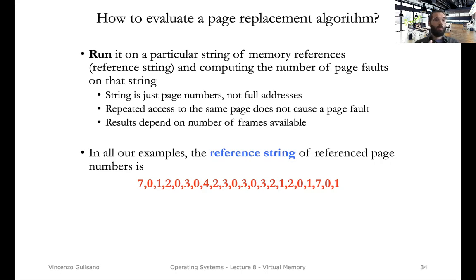So how many times the execution results in a page fault. And the idea is that, of course, if you are able to minimize the number of page faults, then that is a good page replacement algorithm, because you will not pay the extra time penalty for the page fault too many times.